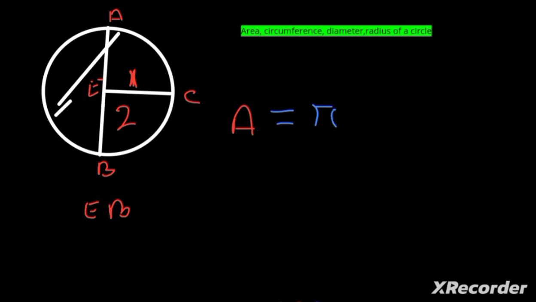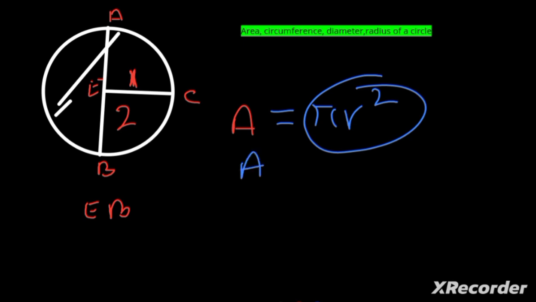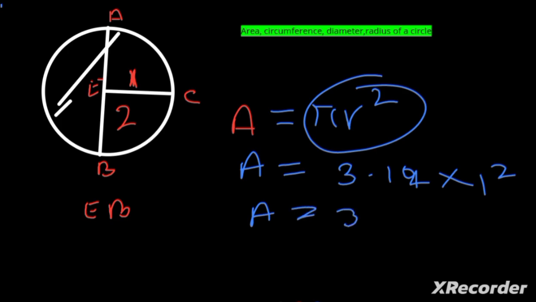You know the radius and you know pi, so we can easily calculate the area of the circle. The area of this circle will be 3.14 into 1 square, which equals 3.14. 1 raised to the power of any number equals 1, so by this property this becomes 1. So the area of the circle will be 3.14 centimeter or unit square.